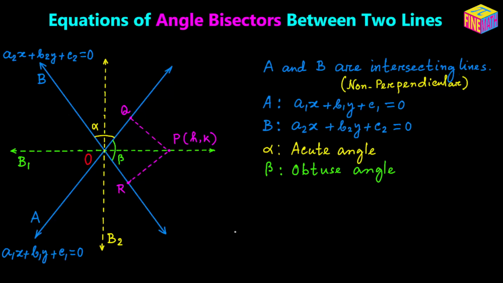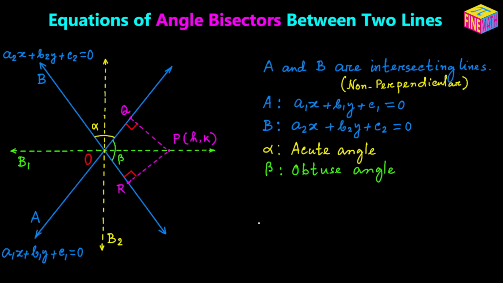Now since I have drawn perpendiculars from point P onto the original straight lines, I should denote the right angle right there. So now I am denoting the right angles, angle PQO and angle PRO. Each of them is a right angle because I dropped a perpendicular from P, right?